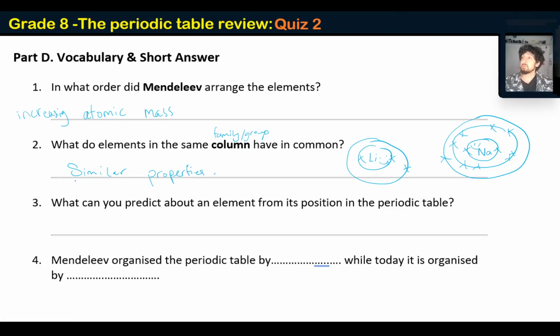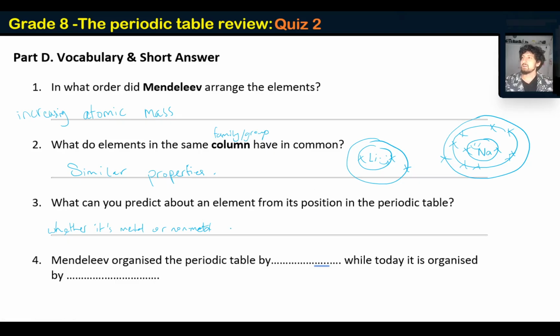What can you predict about an element from its position in the periodic table? A lot, once again. So you can say whether it's metal or non-metal. What else can you say? Come on. I can't hear you.